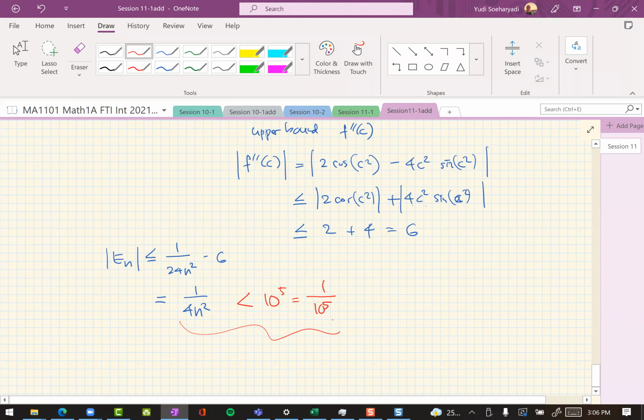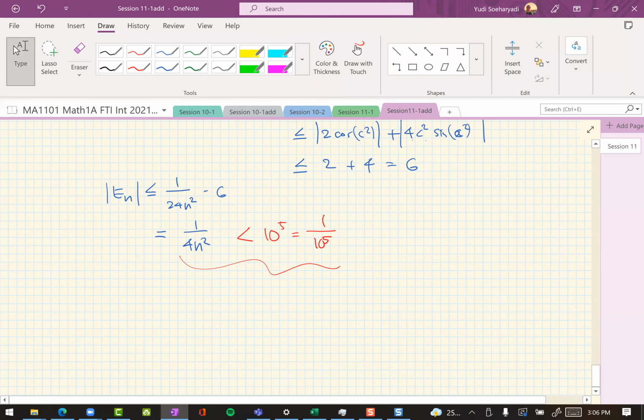So in order to get this, we need 4n squared bigger than 10 to the fifth. Okay, that means n squared is bigger than, divide by 4, that's 10 to the 4, right? Because it's 10 times 10 to the 4.